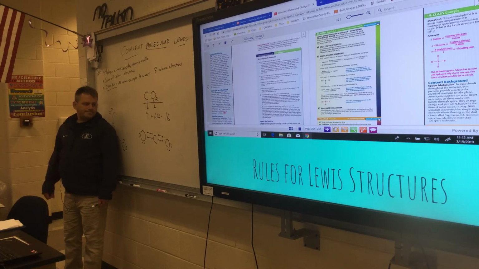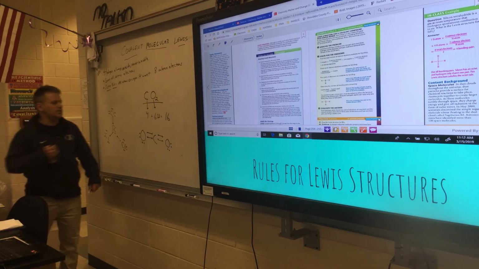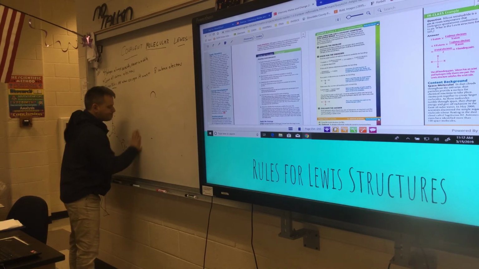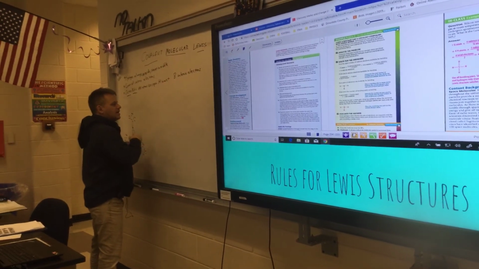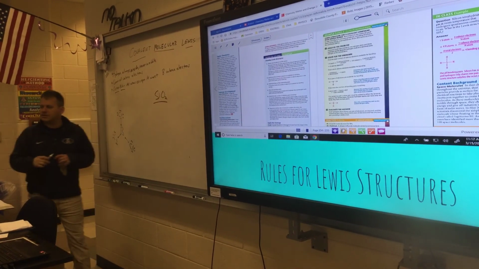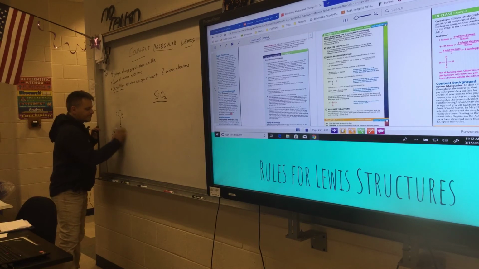Now, flip the page over. The first molecule that you're going to draw on there is SiO2. Is Si in the same group as carbon? Yes. So I want you to try to do SiO2, please.